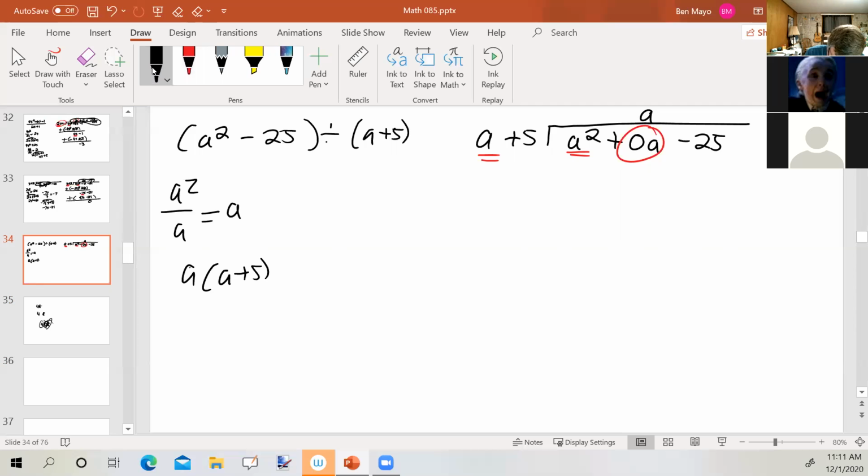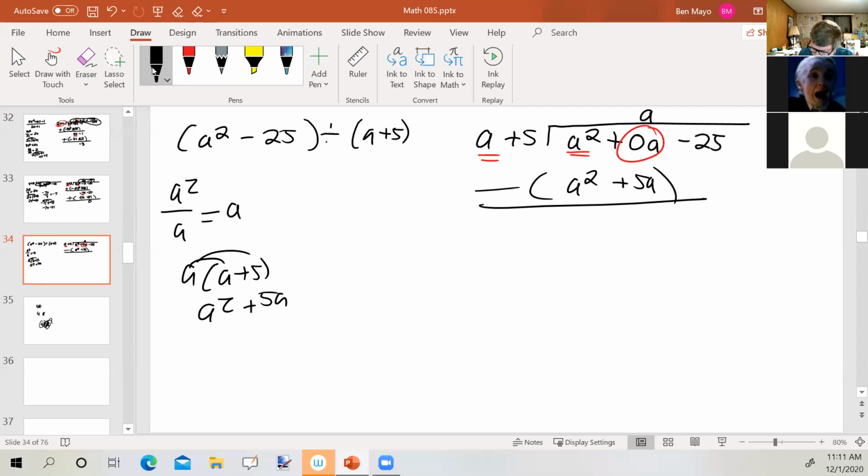So this becomes a squared plus 5a. We're going to subtract that from what's up above, change it to addition of the opposite. We get 0a squared. 0a plus negative 5a is negative 5a. Bring down the next term, minus 25.